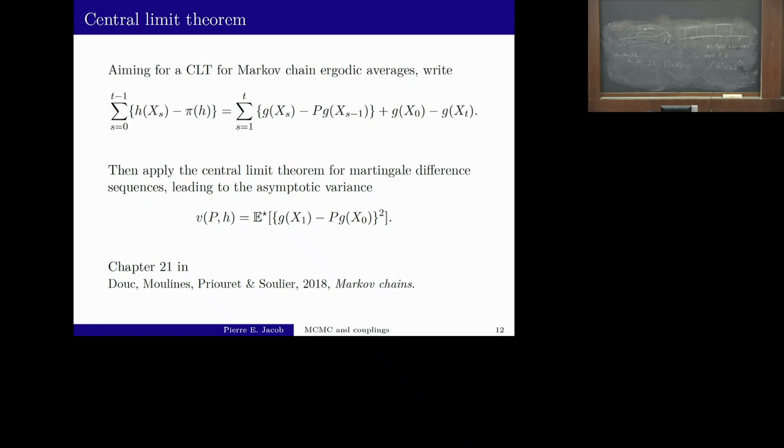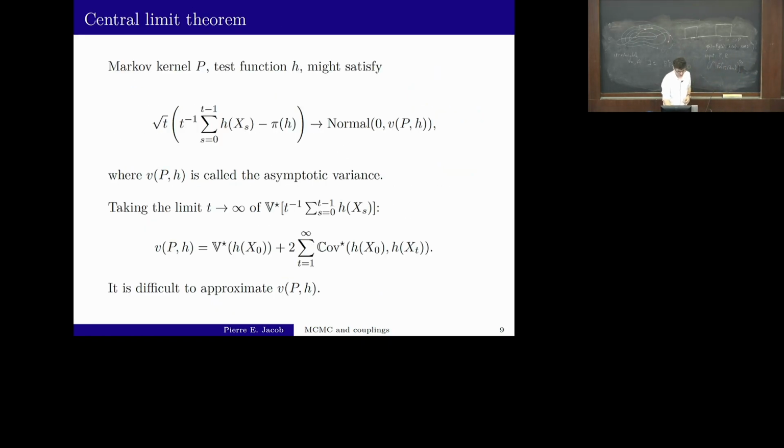And so here you obtain basically a CLT for Markov chain averages from any CLT on martingale difference sequences. And on top of that, it will give you the form of the asymptotic variance, because this is your martingale difference sequence. And so at stationarity, this is the asymptotic variance, the second moment of it, the first moment being 0.